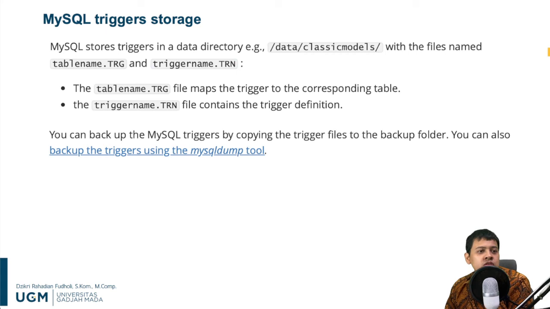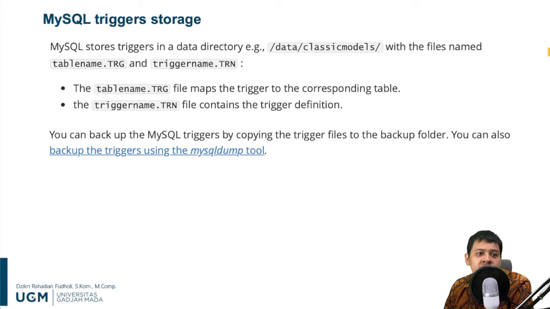Okay, now I'm going to talk about the MySQL trigger storage. MySQL stores triggers in the data directory, here in the classic models database, with file names of table name.trg and trigger name.trn.